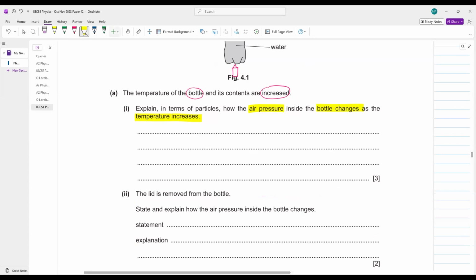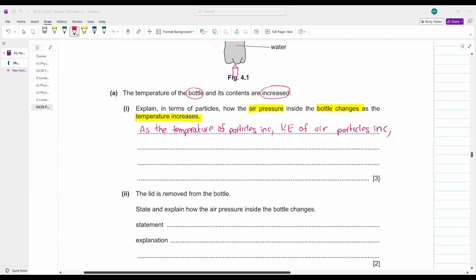You will say, as the temperature of the air particles increases, the kinetic energy of air particles increases. What will further happen?